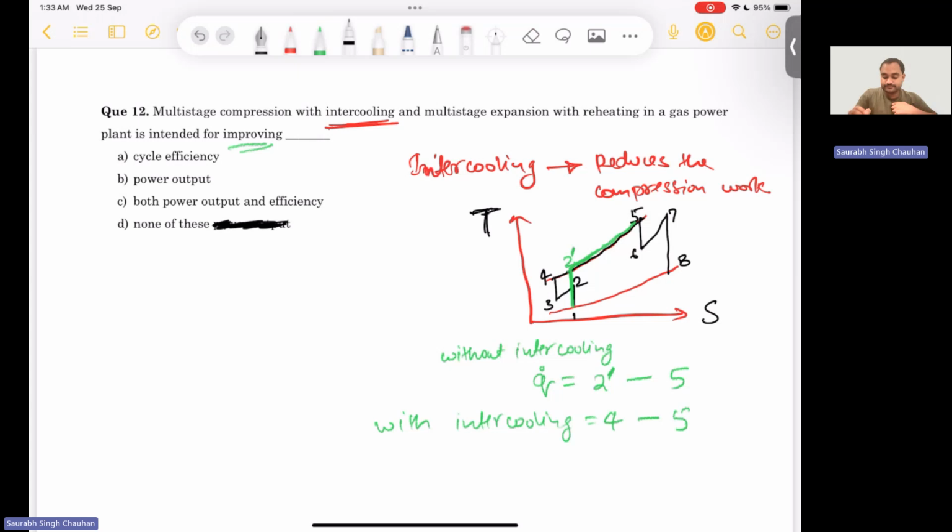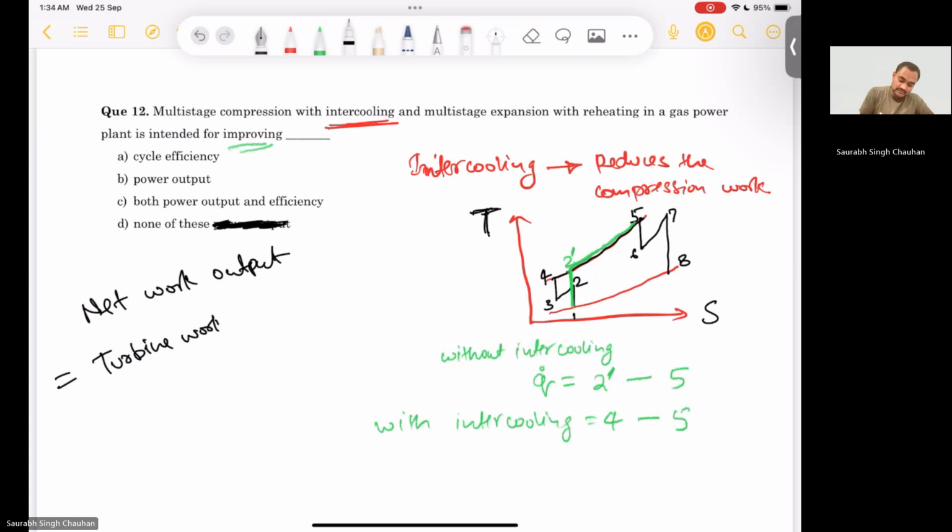Okay, so what will happen if you reduce the compression work and increase the turbine work? If you increase the turbine work and reduce the compression work, the net work output will increase, right? Because the total net work output is turbine work output minus compressor work input.